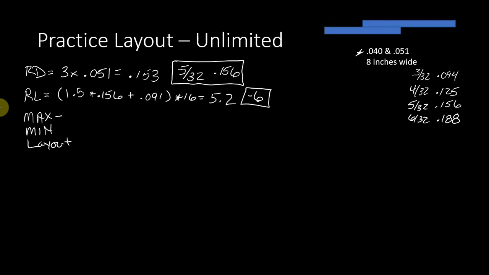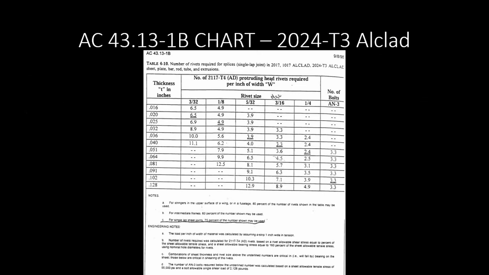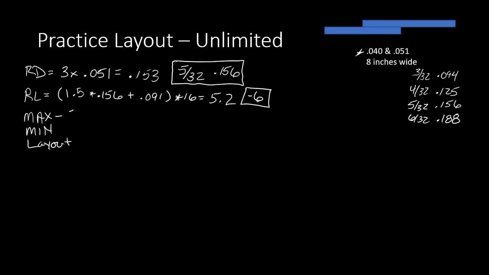So remember, for max I have to go get that multiplier. My thickest sheet is 0.051, and I was going to use a 5/32 rivet, so my multiplier is 5.1.